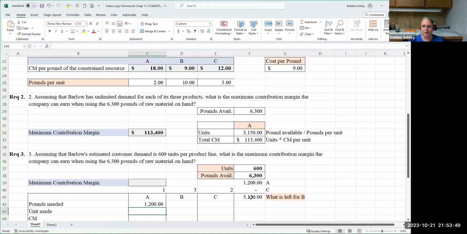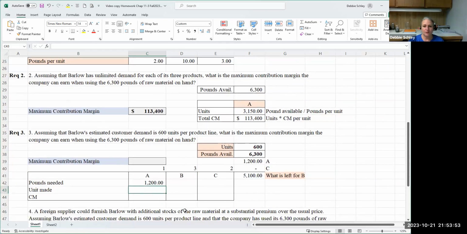So right now, before I make C, I would still have 5,100 pounds, sorry. Okay, so I'm making all 600 units of A.